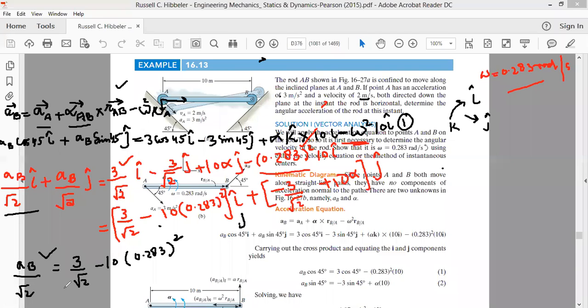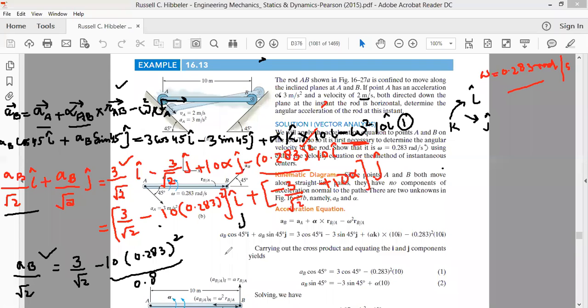So this is equal to 3 by under root 2. This term is equal to 0.8. So we have 3 divided by under root 2, that is 2.1, minus 0.8 multiplied by under root 2.